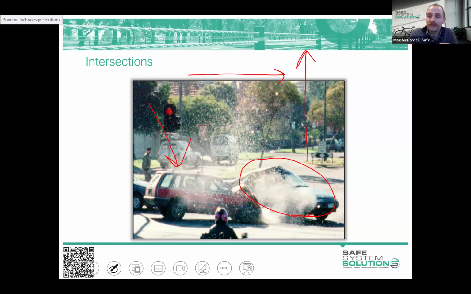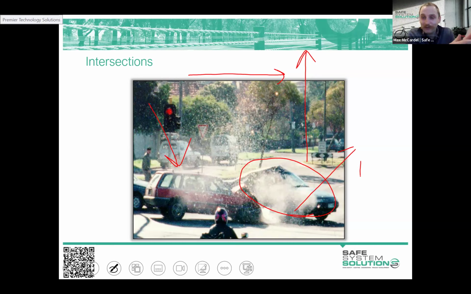So what can occur, other crash types within intersections that we do see relatively high numbers of, is secondary collision. So a first collision could look something like this, and then either the bullet vehicle or the target vehicle get pushed off into the roadside environment where there could be fixed hazards.